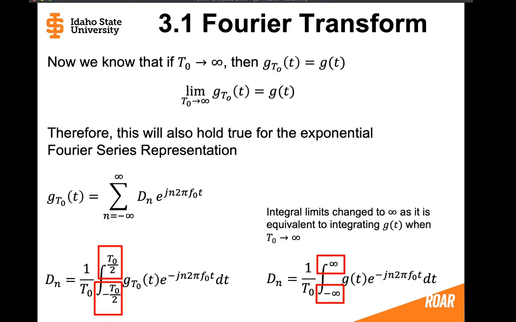That's because as we make the period larger and larger, eventually we would reach the case where we have g(t) as our actual signal. Now we know that if the period approaches infinity, the periodic signal will be equal to the original signal. We'll continue this in the next video.